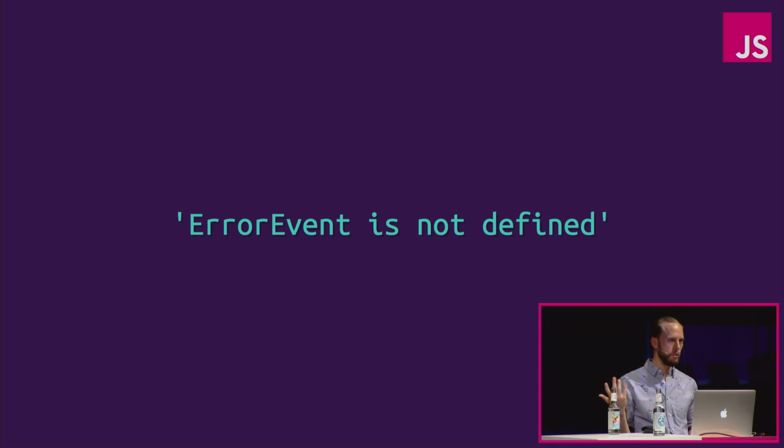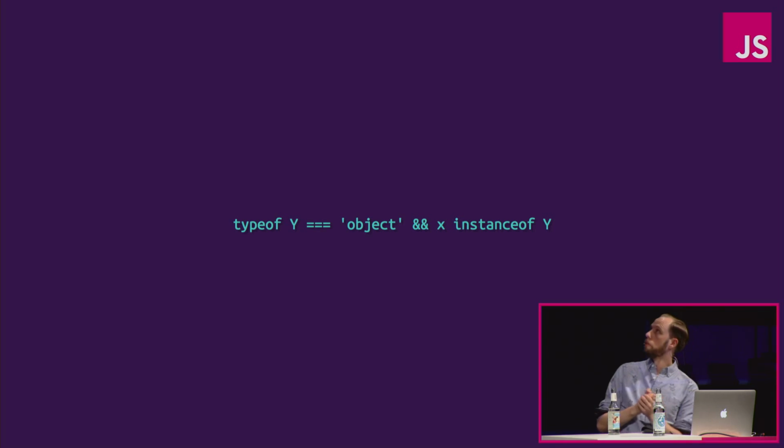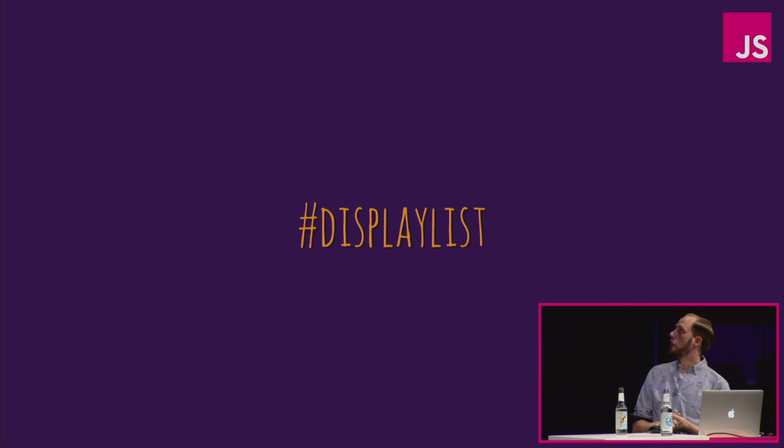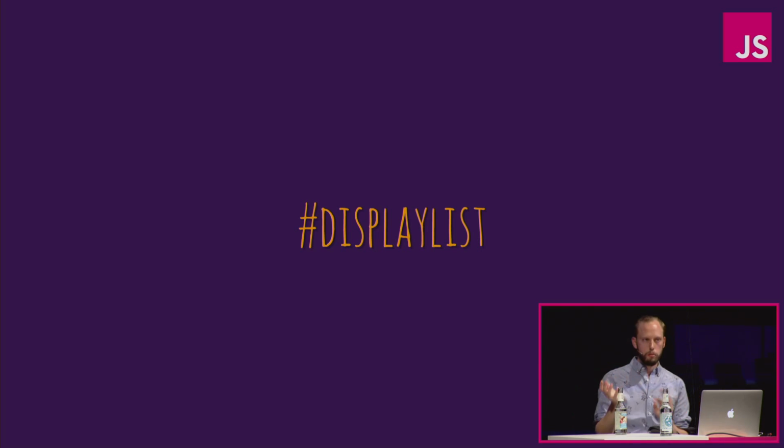So for some reason, error event isn't defined in a worker. You have the XML HTTP request, but you don't have an error event. So for instance, when we have an instance of check, now we always have to generate some stuff like this so that it works immediately in a worker.